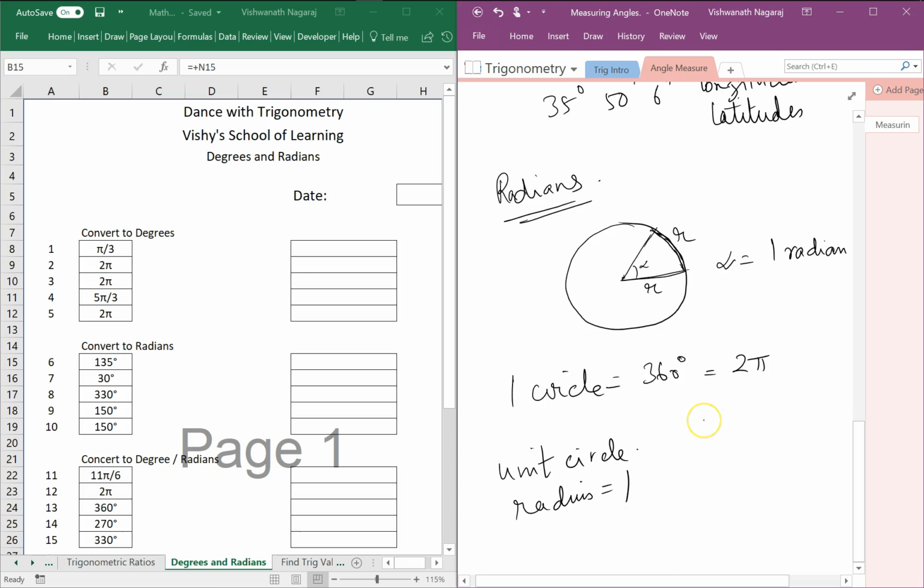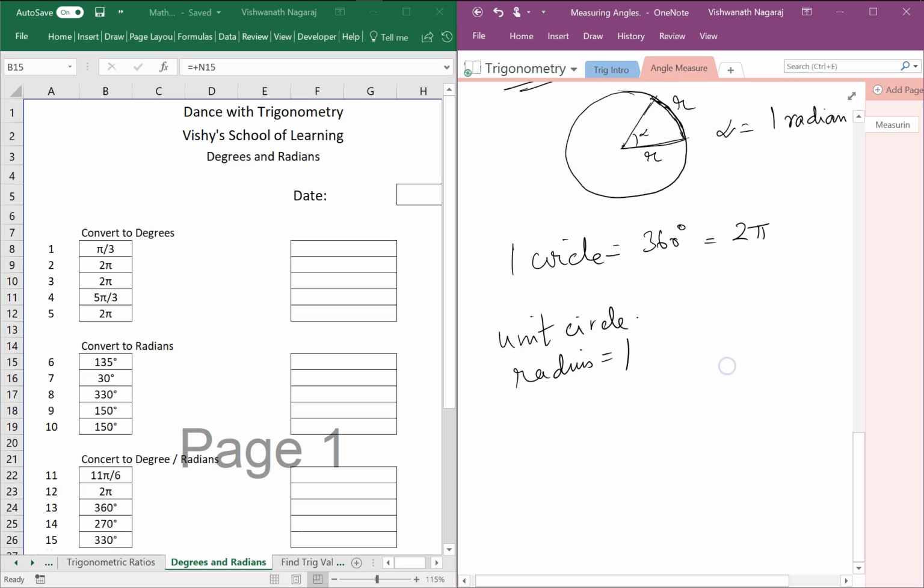Which means a straight angle, rather than line, is what? 180 degrees.